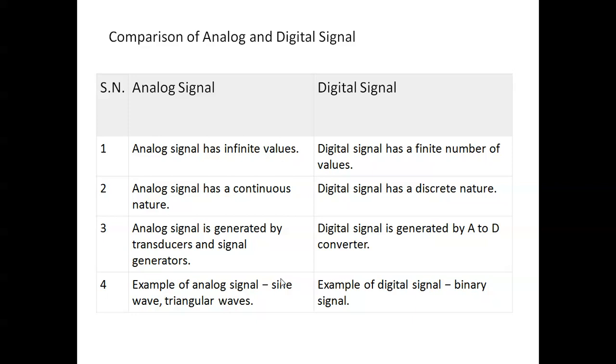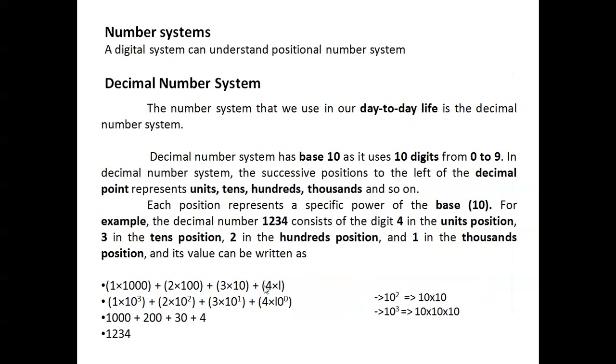The analog signal is generated by transducers and signal generators, and the digital signal is generated by analog to digital converters. Examples of analog signals are the sine wave and triangular wave. An example of a digital signal is the binary signal.